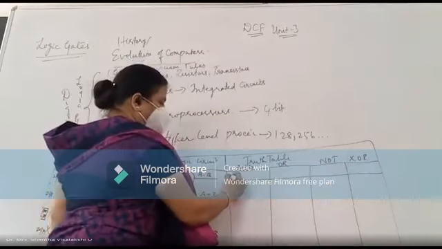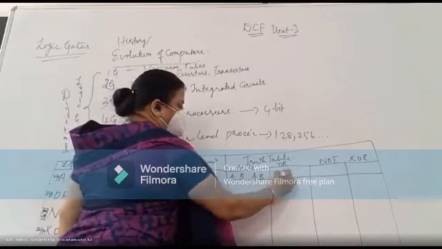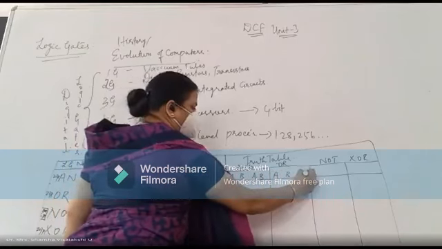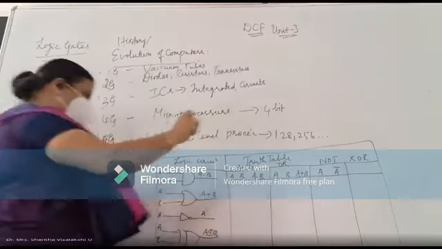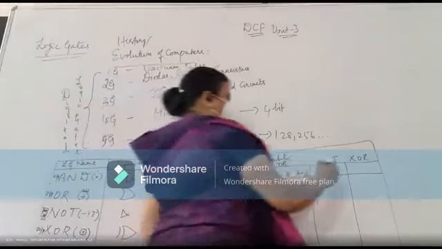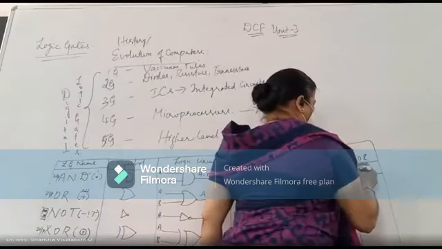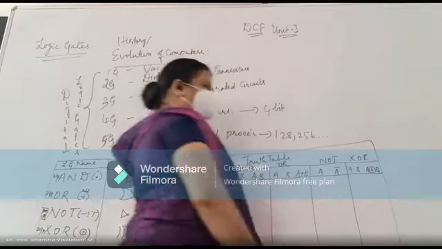So what are the input values? A, B, A dot B. Again A, B, A plus B. And for NOT, A and A dash. This bar also you can take. And for XOR, A, B, A exclusive OR B. Got it?